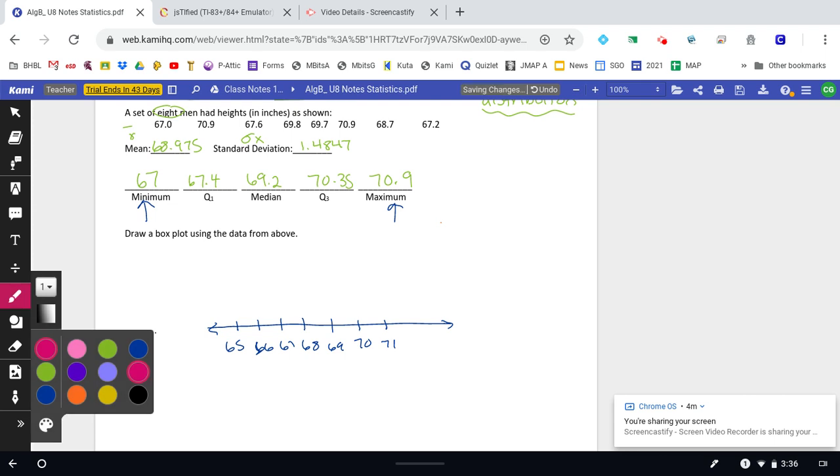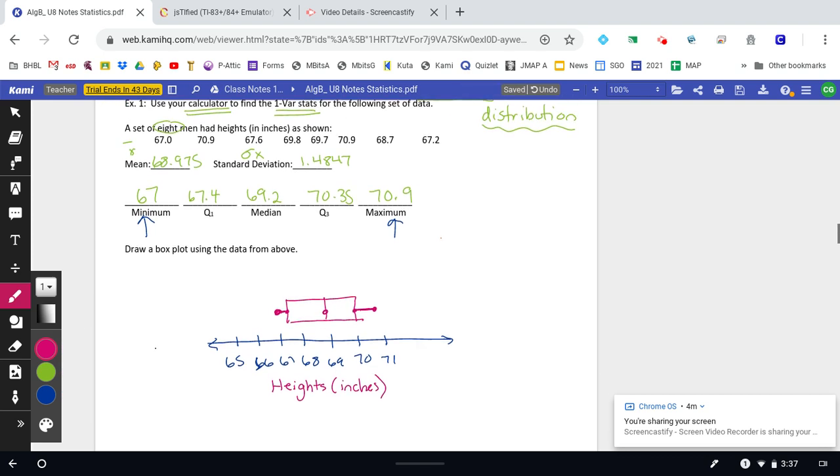Now I start drawing my dots: 67, 67.4, 69, 70, and 70.9. Make my box. And there we go. Remember, we want to label this. So this is heights, and that's in inches.